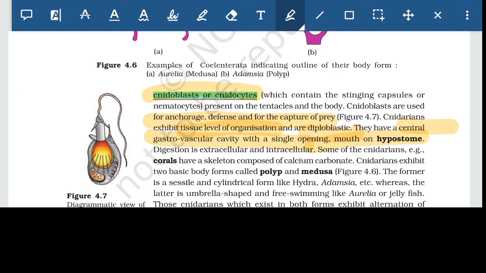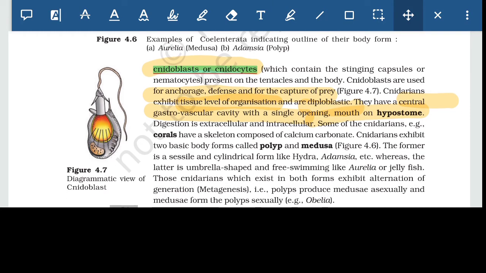Intracellular is when the food is taken in by the cells and then digestion is done inside the cells. Then the next point: some cnidarians, for example corals, have a skeleton composed of calcium carbonate.